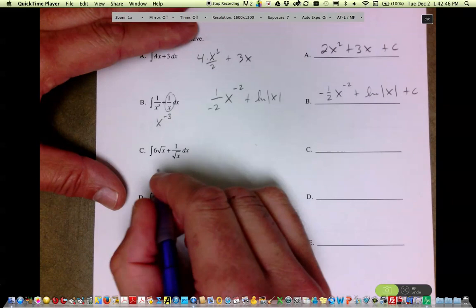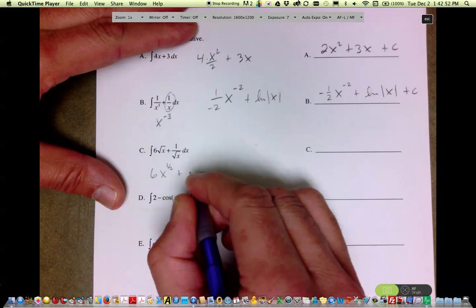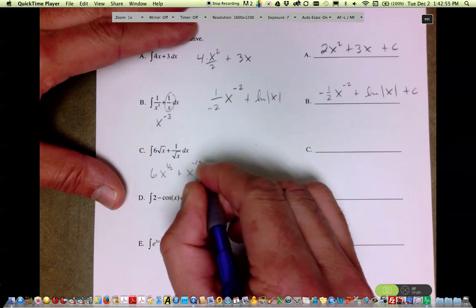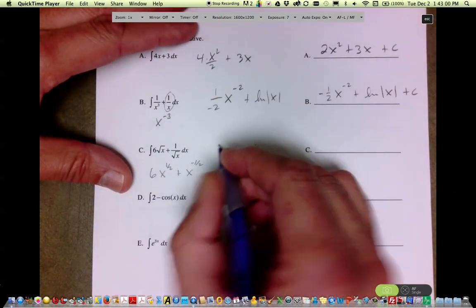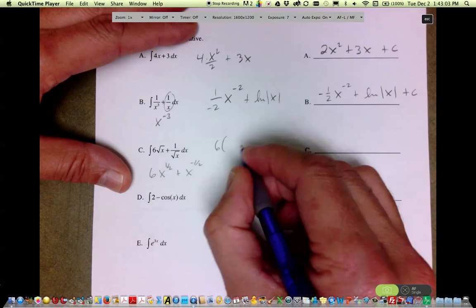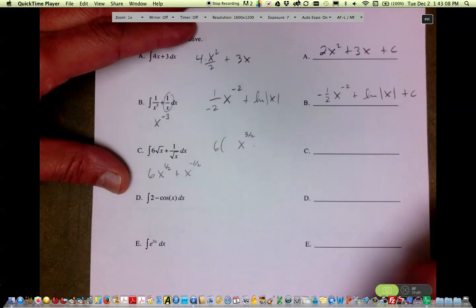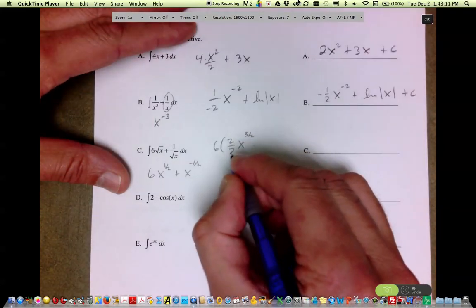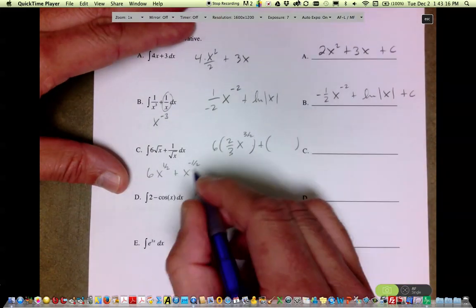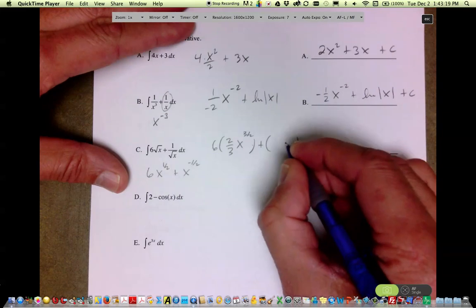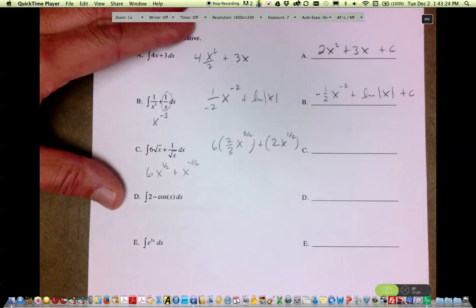Okay, then for this one, 6, I'm going to think of this as x to the 1/2 power plus, this is x to the negative 1/2 power, and then it looks like I can just use the power rule twice here. So an antiderivative of this is going to be 6 times, let's do the power first, that'll be x to the 3/2, and then we're going to divide by 3/2, which is the same thing as multiplying by 2/3, and then plus, if we increase this power by 1, we're going to have x to the positive 1/2, and then if you divide by 1/2, that's the same thing as multiplying by 2.